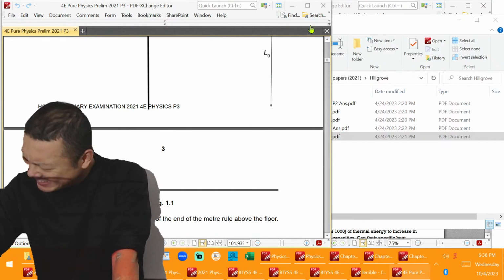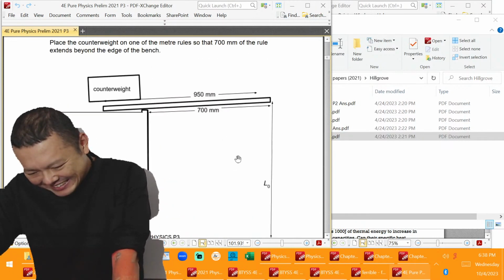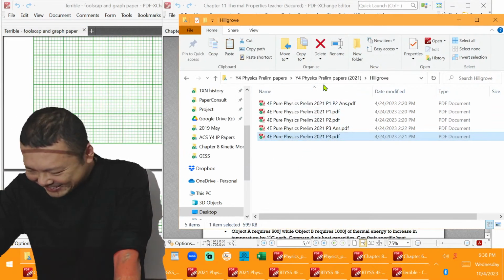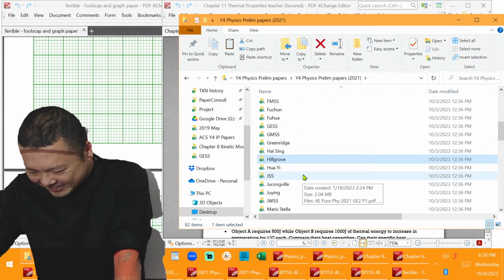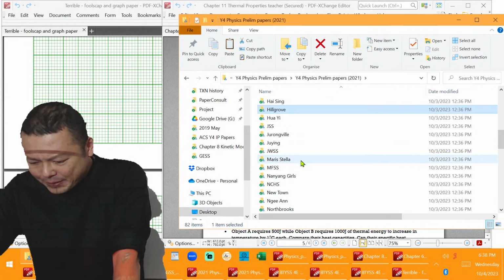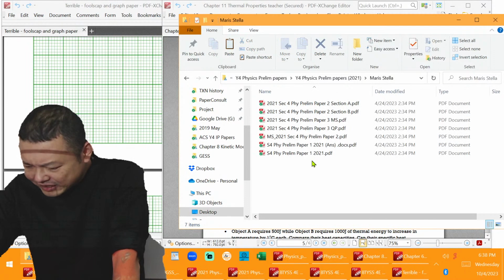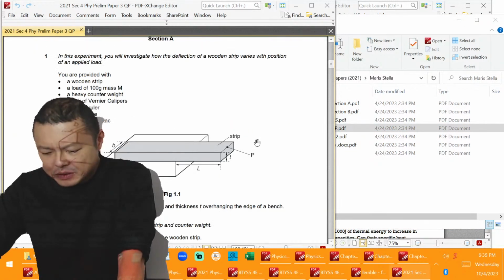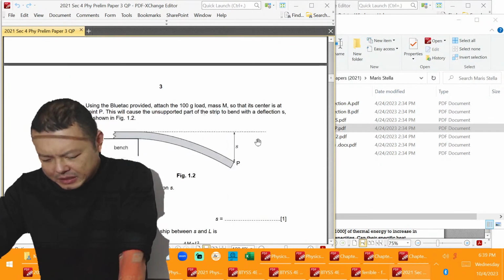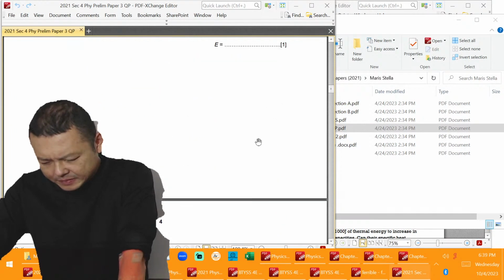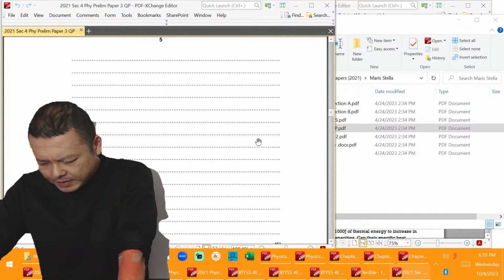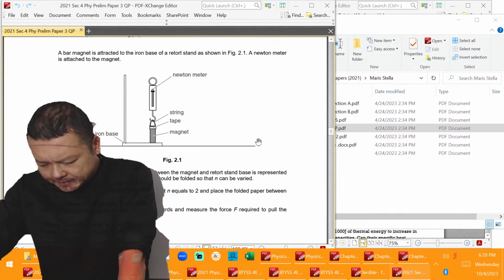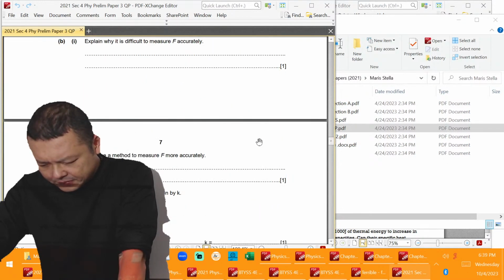Anyway, for practical also, the STGS one is serious. It's hard.